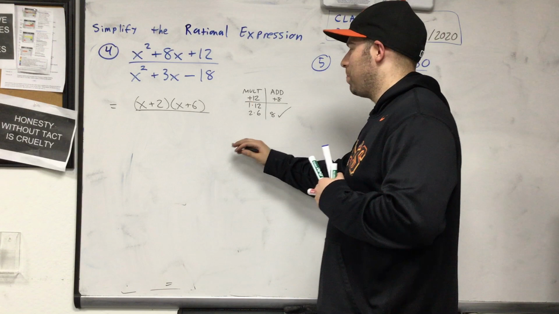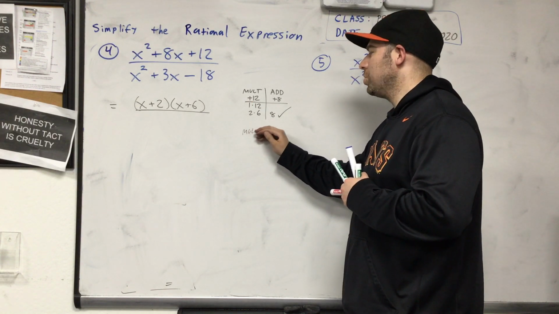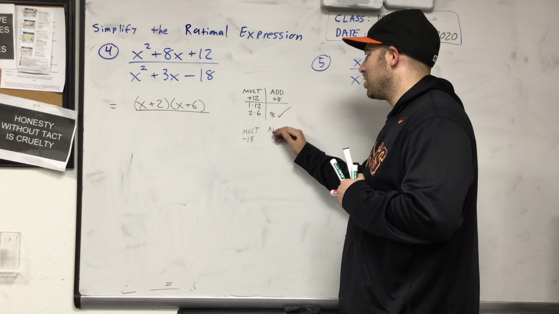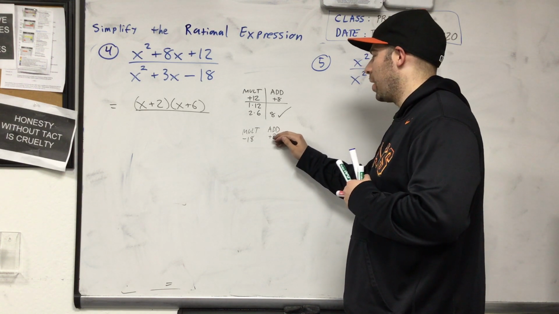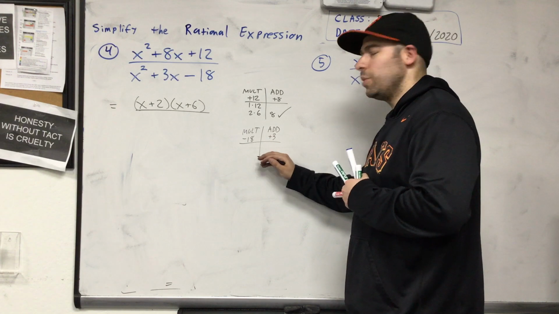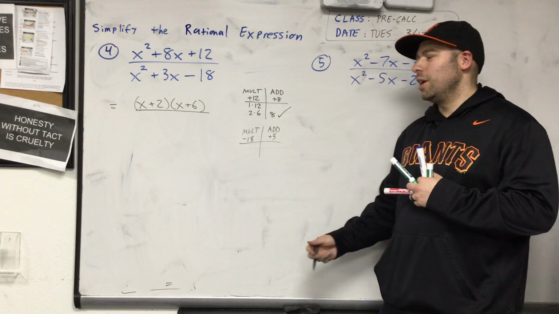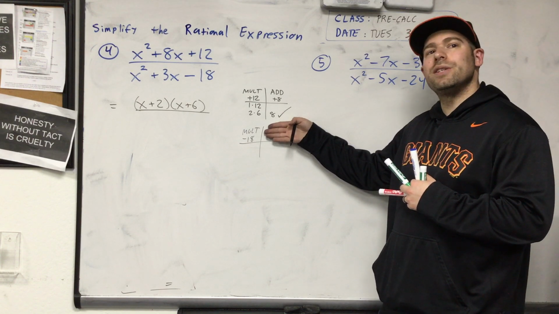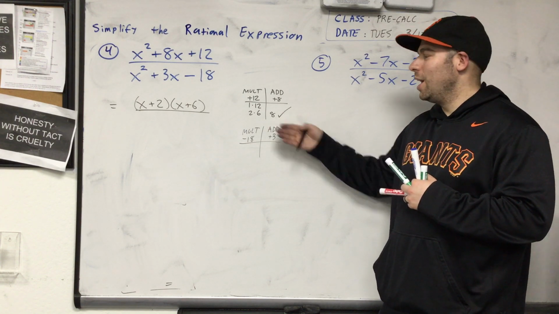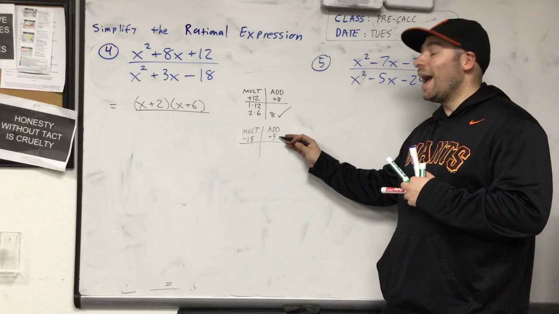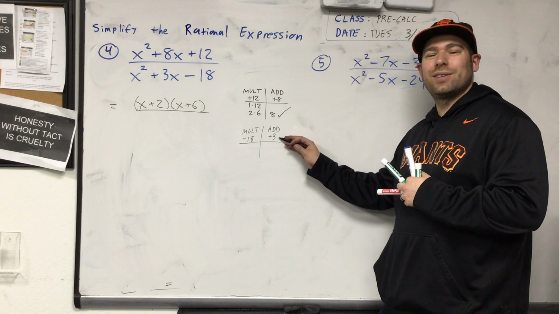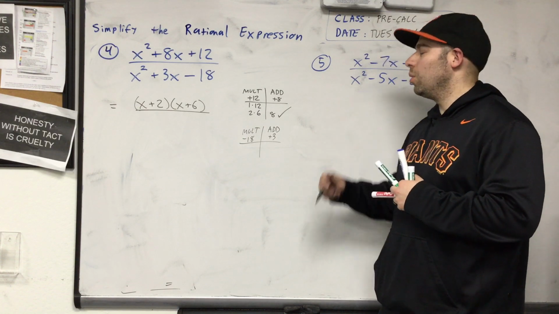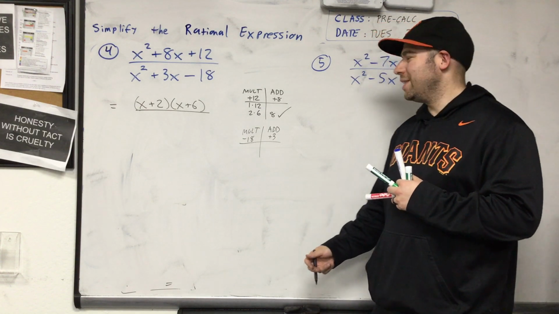Now we have to factor the bottom. We have to figure out what two numbers multiply to negative 18 and add to positive 3. So we run the gauntlet. Well, if it multiplies to a negative number, that means that the combination has to be one positive, one negative, and the dominant of the two factors needs to be a stronger positive. So I'm going to go with 1 and negative 8.